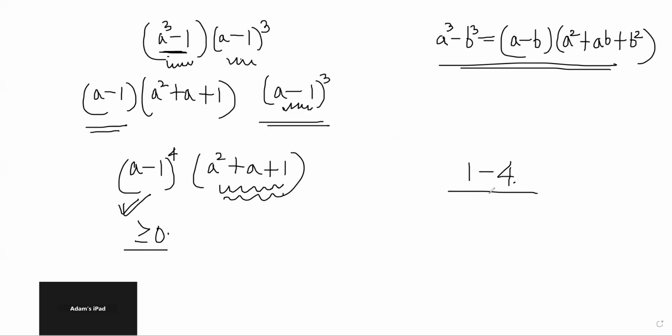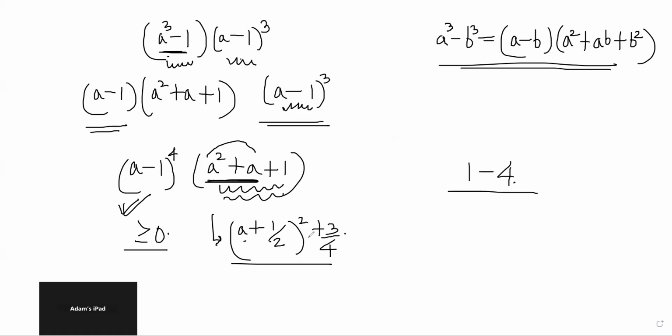If discriminant is negative, the quadratic is always positive, it has no real roots. Or you can write it like this: a plus half whole square plus 3 by 4. Completing the square here, a plus half whole square will give us these two terms plus 1 by 4, plus 3 by 4.